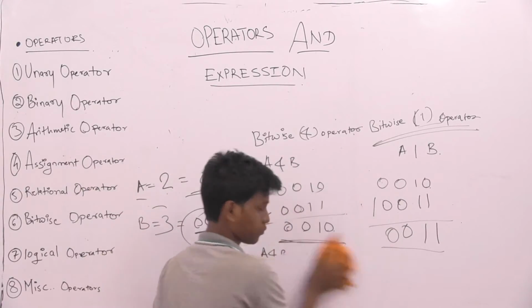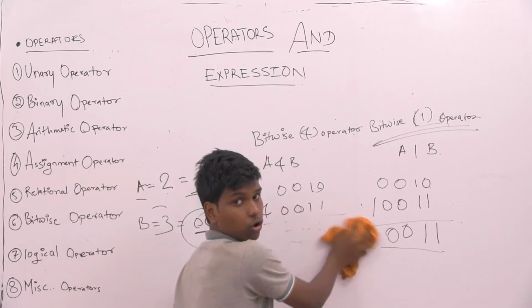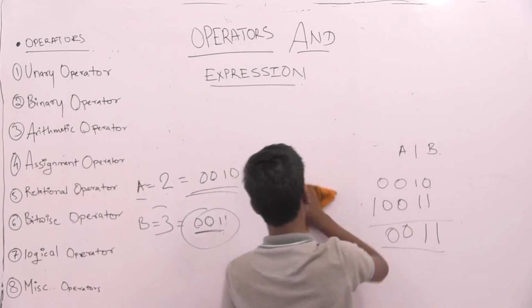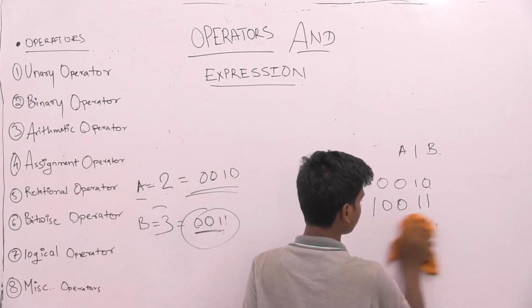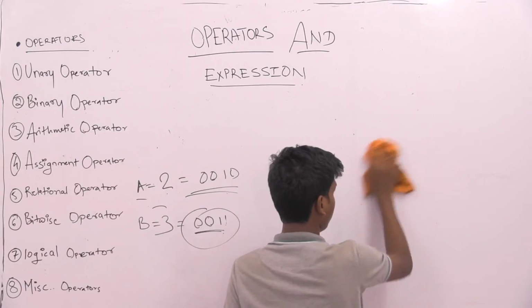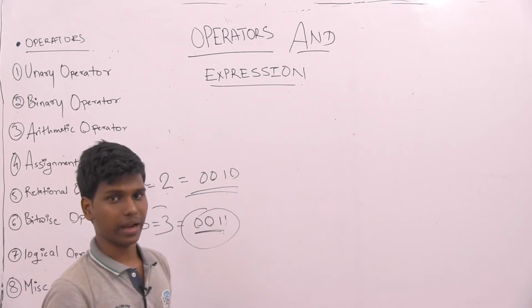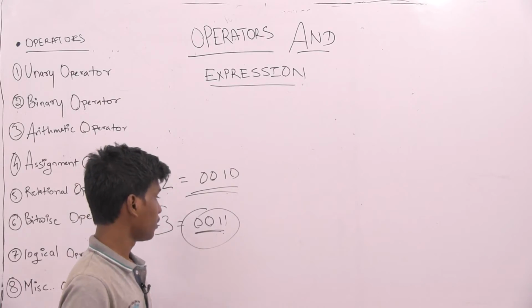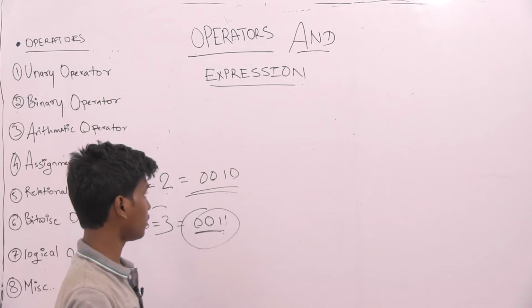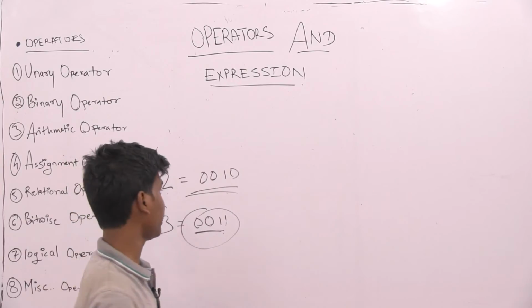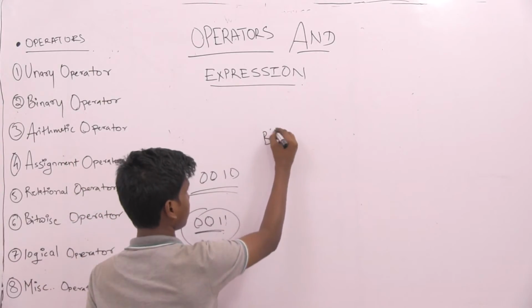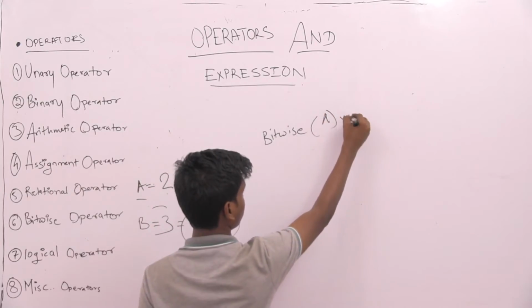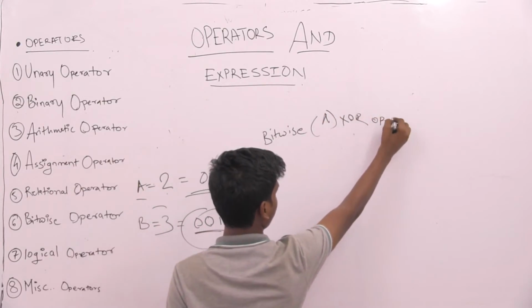Now we will see the example of bitwise XOR operator. Let's study about bitwise XOR operator. So bitwise XOR operator is similar to what we have seen earlier in the table.